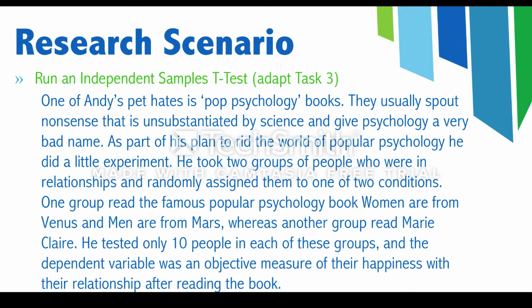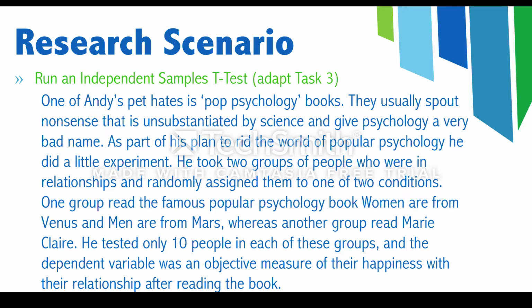But in this situation, I'm going to walk you through a task that Andy Field provides in our textbook. I've adapted task 3 for our situation. One of Andy's pet peeves is pop psychology books, and they usually spout nonsense that is unsubstantiated by science and give psychology a very bad name. So as part of his plan to rid the world of popular psychology, he did a little experiment.